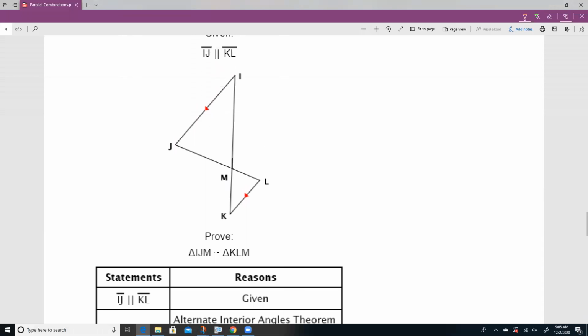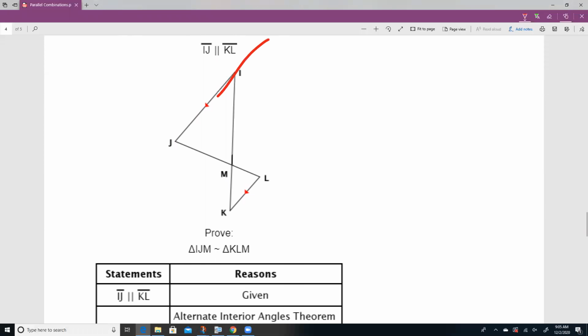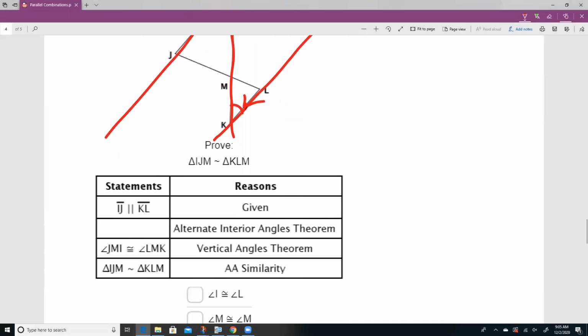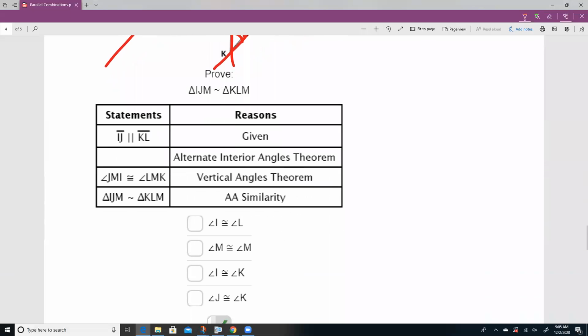Alternate interior angles theorem helps us to prove lines are parallel, and also helps us to prove that angles are congruent. So I'm wondering, can I prove these two angles congruent by alternate interior angles theorem if these lines are parallel? And indeed we can. Let's see if I and K are the angles we actually care about. Oh, hey, I and K are options. Sweet.